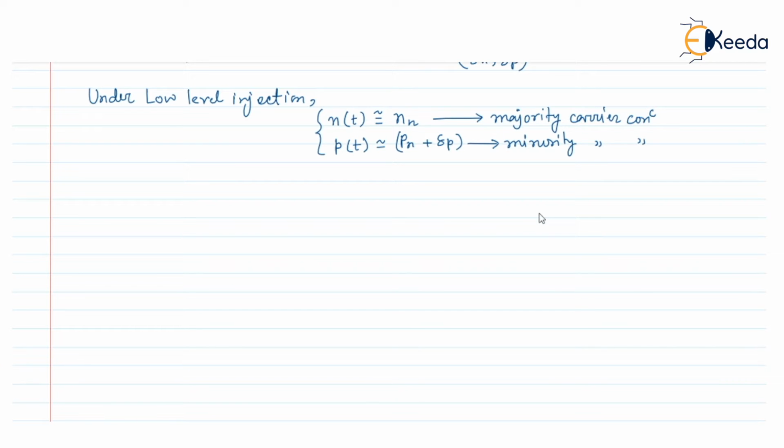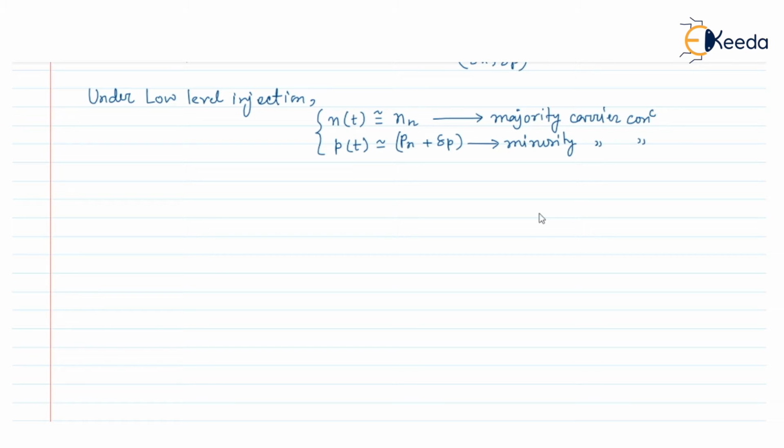So due to the incidence of light, the majority carrier concentration does not change by a significant amount, but the minority carrier concentration changes by a significant amount.